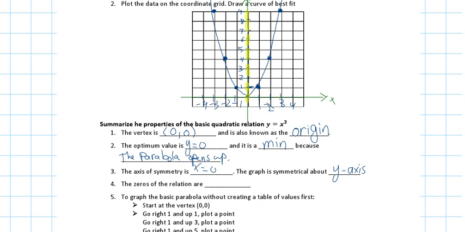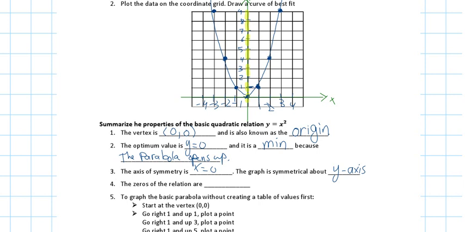How many zeros do you see here? How many times does my graph intersect the x-axis? 1, right? The only point of intersection is right here, because this is my x-axis.